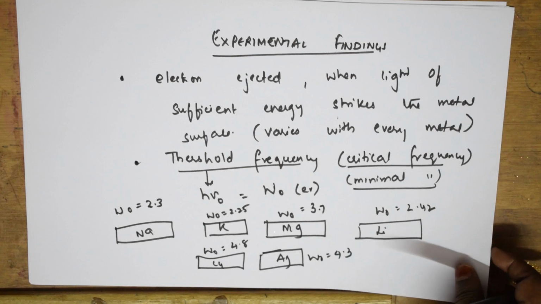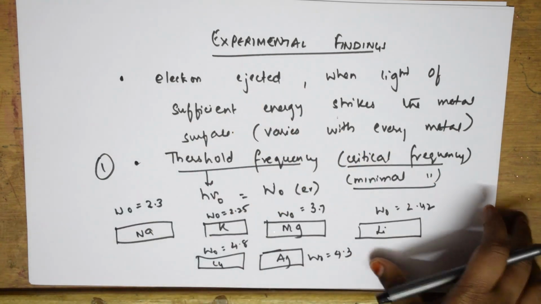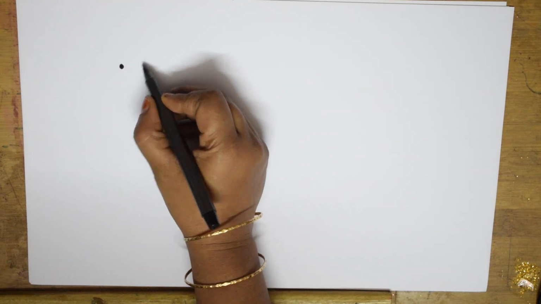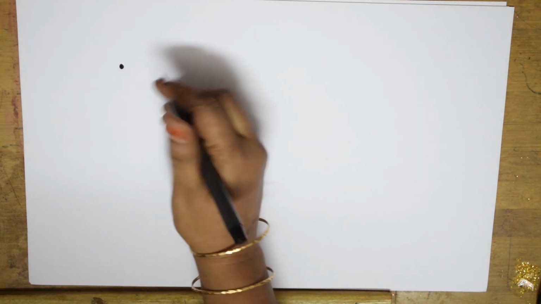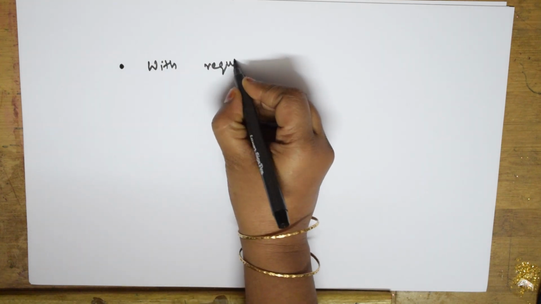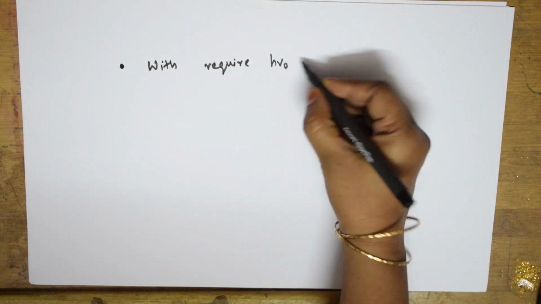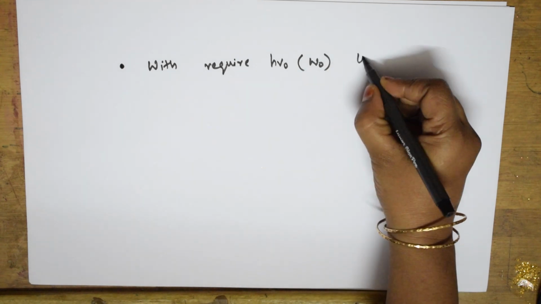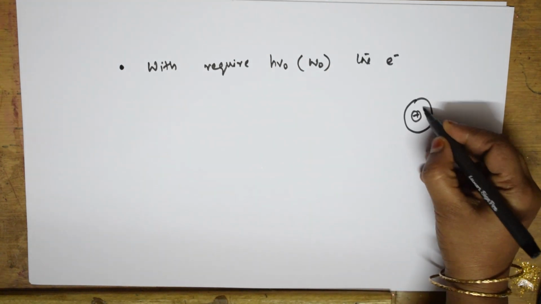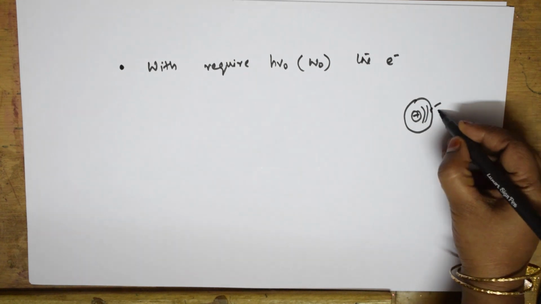Now what is the next concept? Now I know about threshold frequency. With this threshold frequency, what should I remember? When the required photon falls on the surface, what happens to the electron? Now I am sending the required h nu naught, or W naught. The electron from this atom, present in the shells, is ejected out.